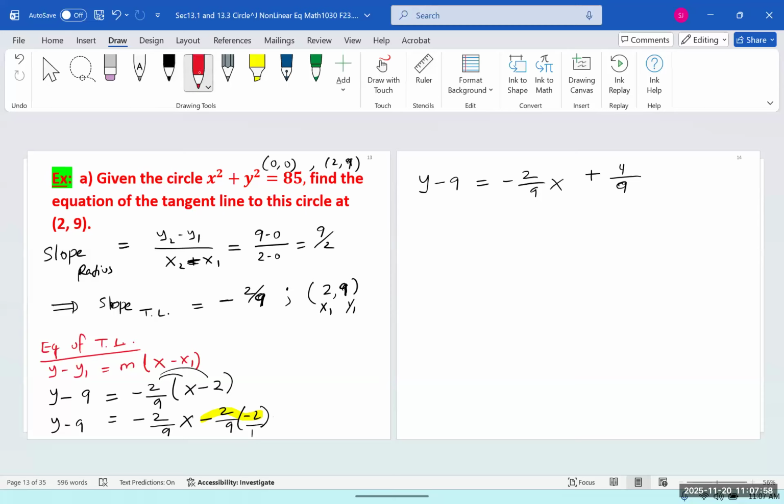And lastly, what do we do? Add 9 on both sides. So we get y equals negative 2/9 x. And here we have 9 with a denominator of one, but we want to have the same denominator, so we multiply by 9.